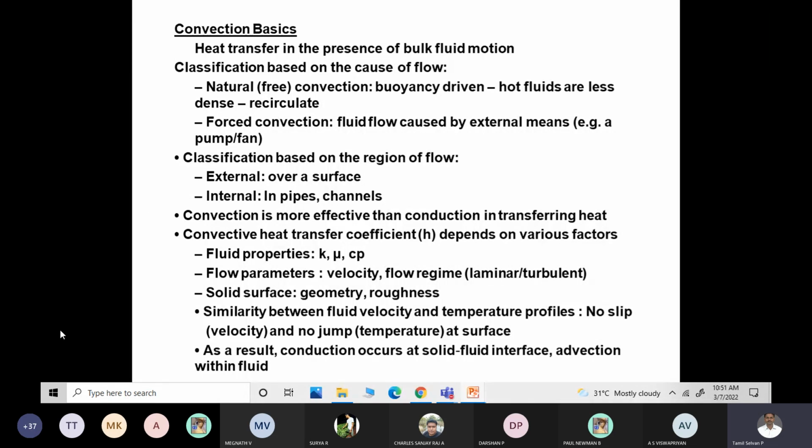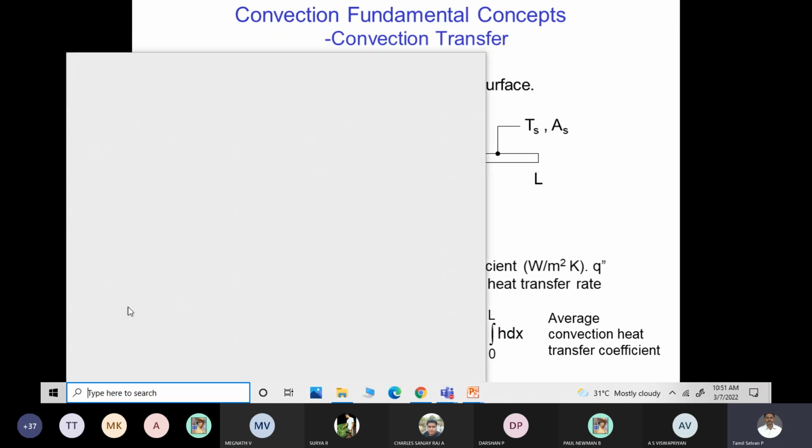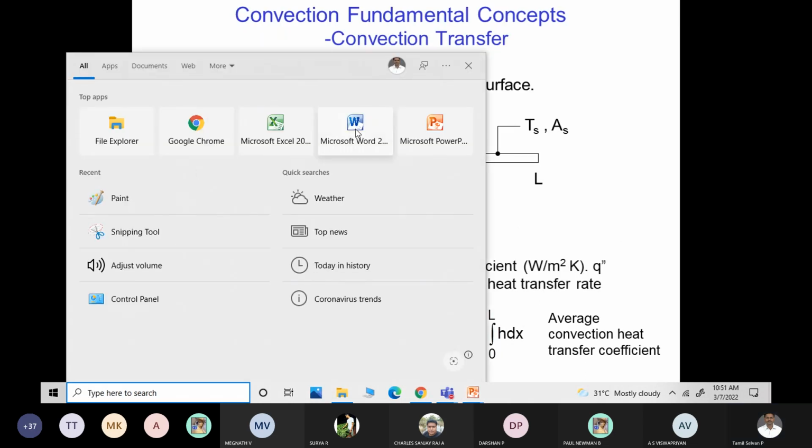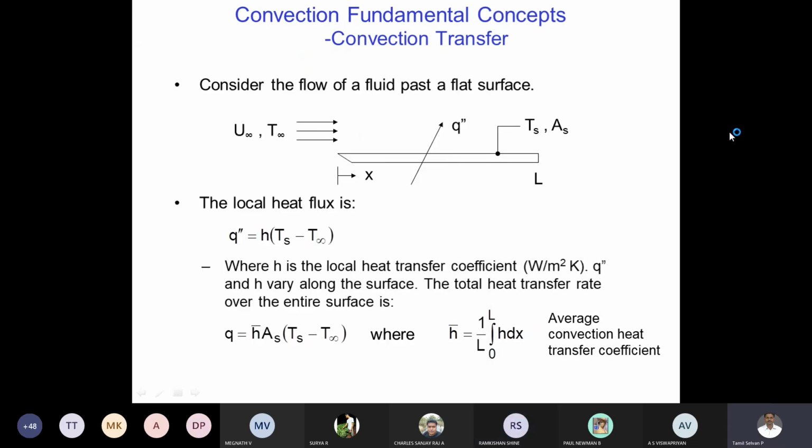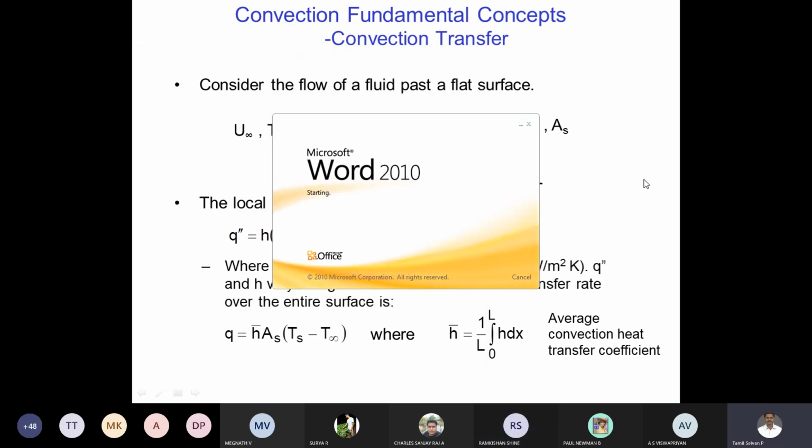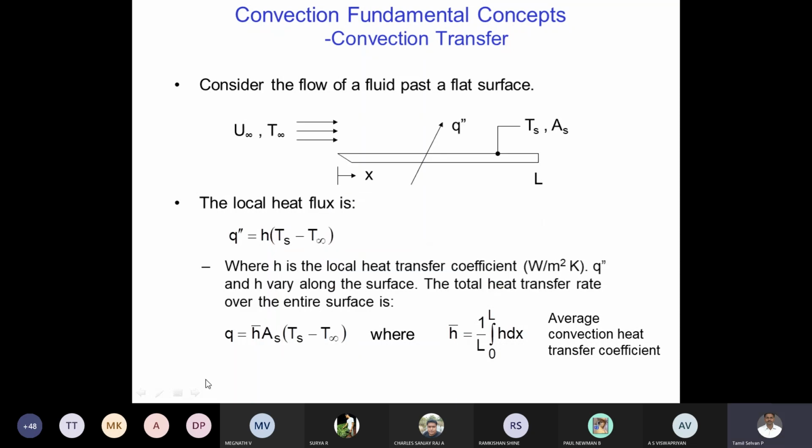We know that Q equals h A delta T. So heat flux equals h into Ts minus T infinity, where h is the convective heat transfer coefficient, Ts is the surface temperature, and T infinity is the surrounding fluid temperature. h is the local heat transfer coefficient, and it varies along the surface.